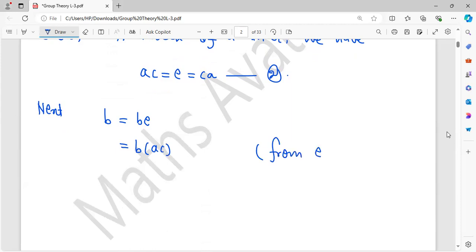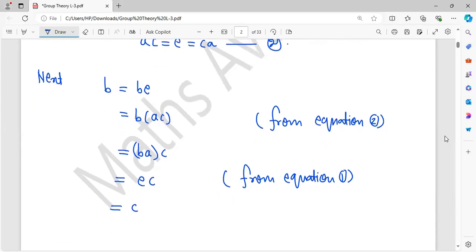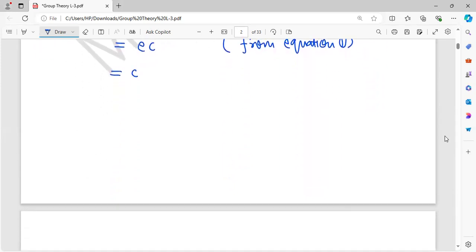But by the associative property, we have this one. b we can write like that. Now, bc's value is nothing but e, the identity, from 1. But e is the identity, so it is nothing but c. Because e is the identity element. You operate the identity element with any element, you will get that element. So this implies b is equal to c.